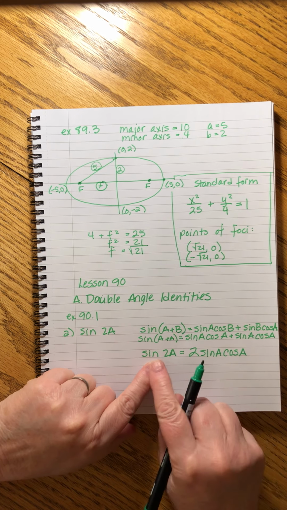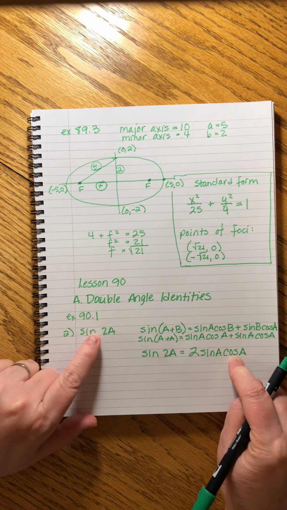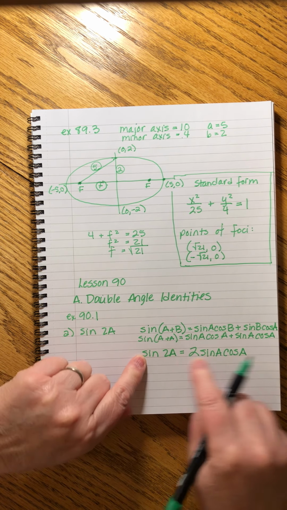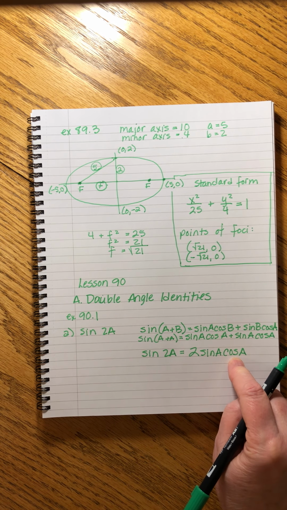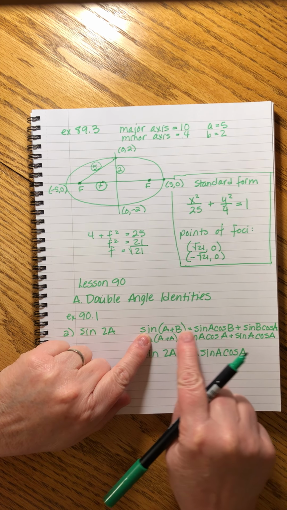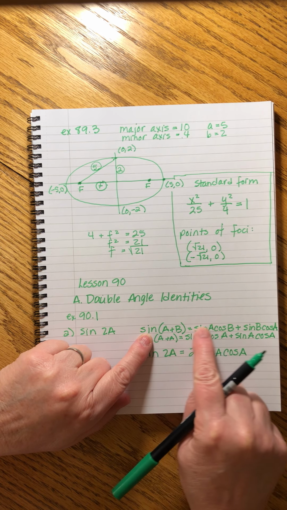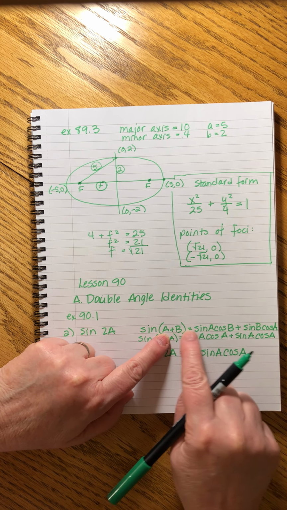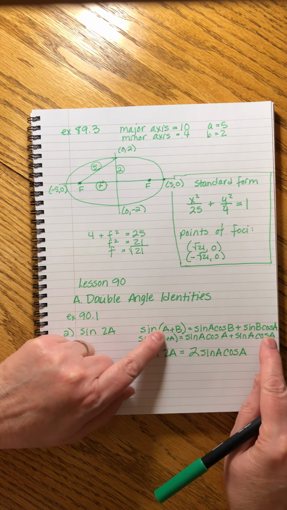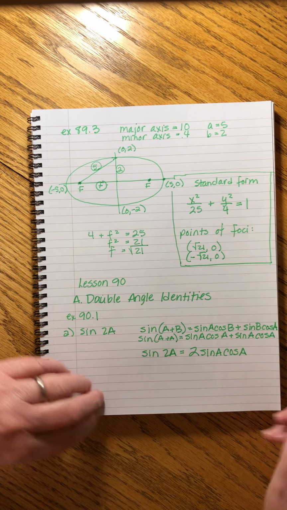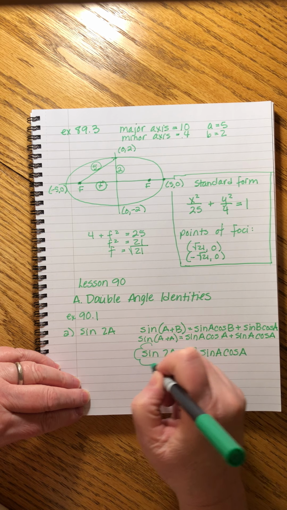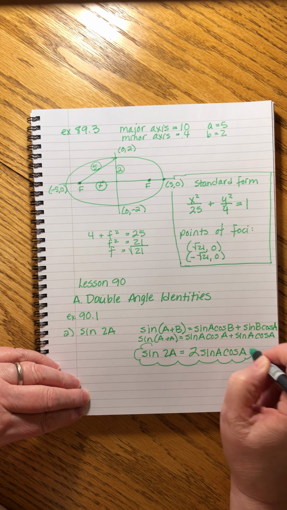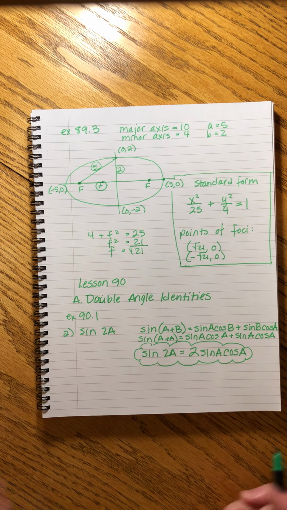This is the double angle identity for sine that we don't have to memorize because now we can almost do it in our heads if we just imagine this one, the sum identity for sine, and we just change everything to a's, and then we realize these match and we can squish them together. Then we have this without having to memorize it, and that is ideal for us, right?